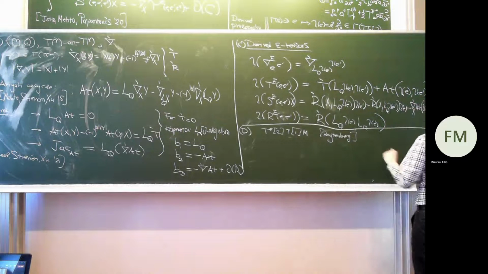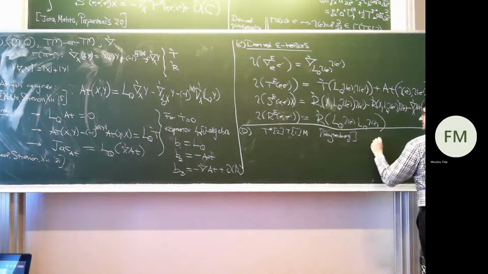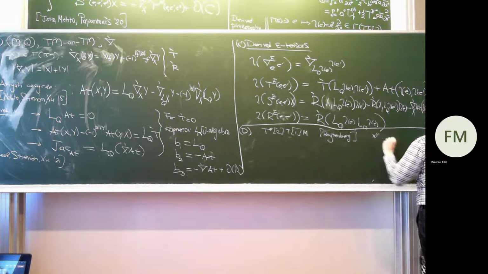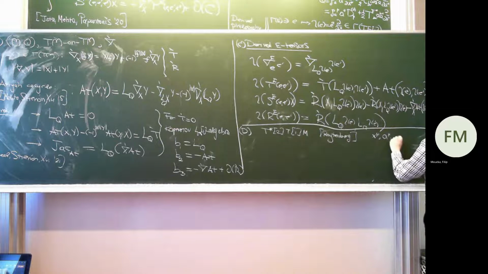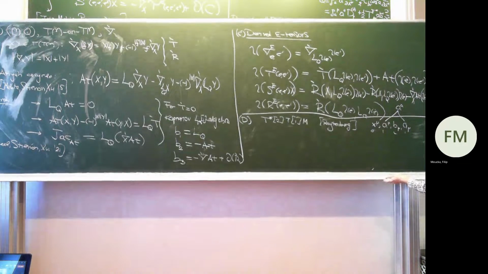And then here, of course, if we look at the coordinate system, we will have coordinates x mu of degree 0. Then we'll have coordinates in T1 and a mu, and then we'll have coordinates b mu of degree 2 and a mu of degree 1. So 0, 1, 2, 1. I will combine these two coordinates into one object, which is a. Don't confuse it with the Lie algebroid version, but hopefully we will not. So these are the coordinates here.